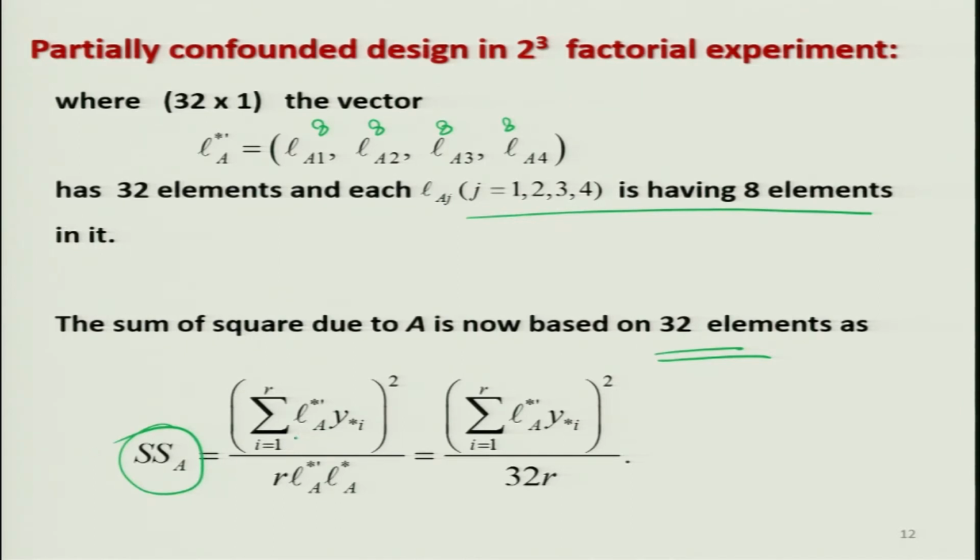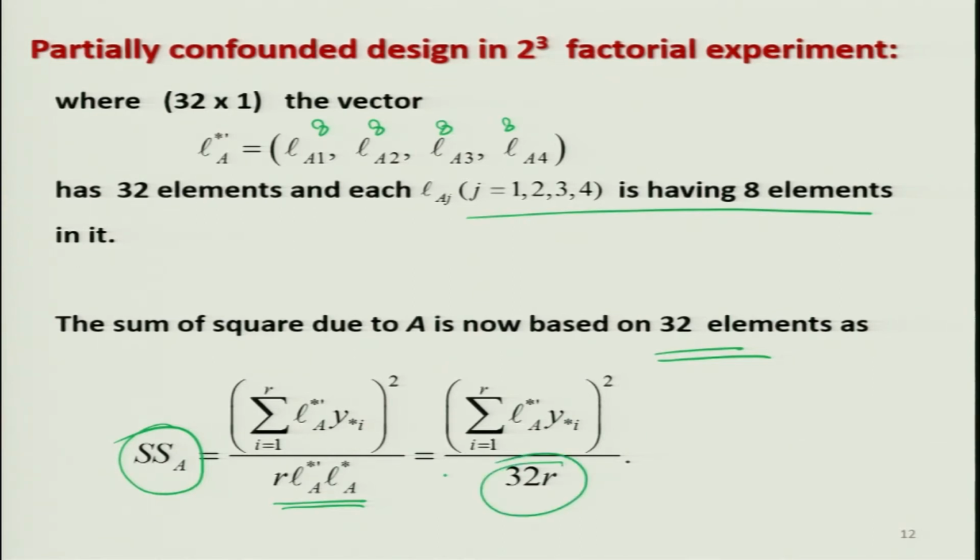That is, summation over i of L_A transpose y star i, whole square, divided by the total number of observations, which is R into L_A star transpose L_A star, which is 32R, right.